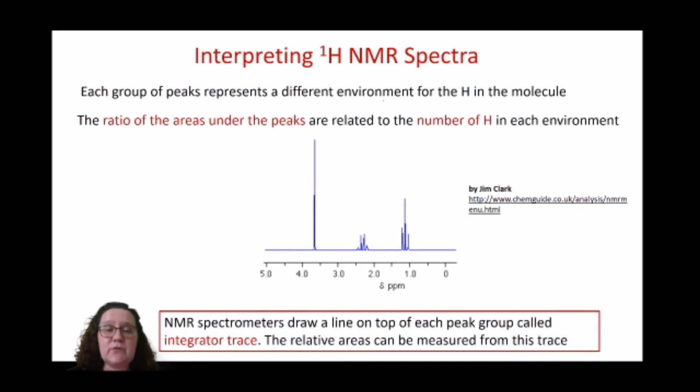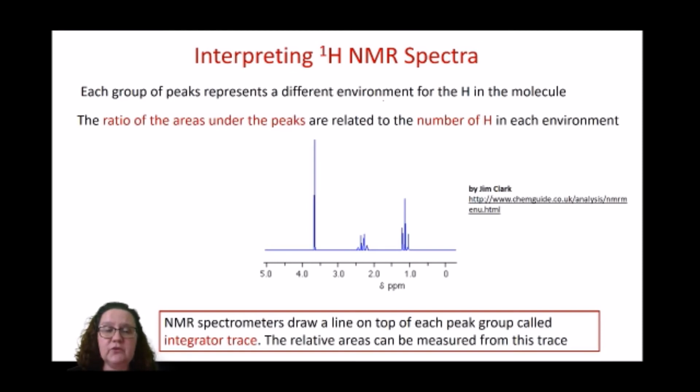The area of those peaks will tell us the number of hydrogens in that environment. And the splitting of the peaks, and we'll talk about the splitting later, will tell us something about the neighbors of that environment. So not those hydrogens, but the hydrogens in the adjacent carbons.